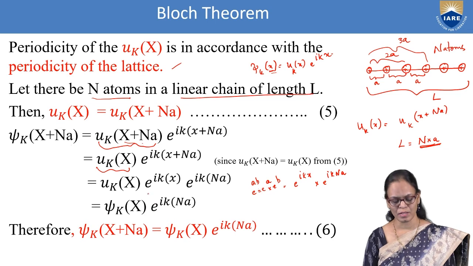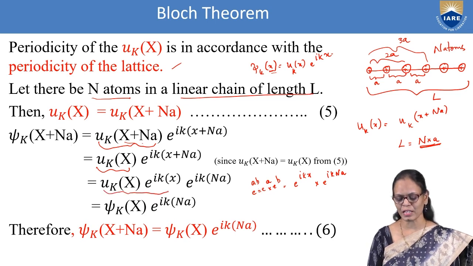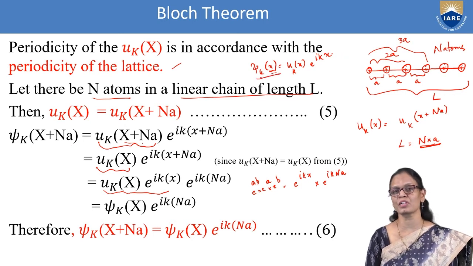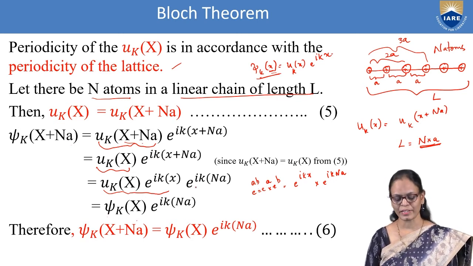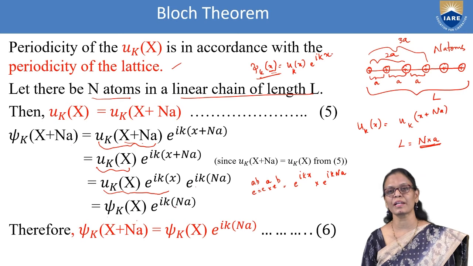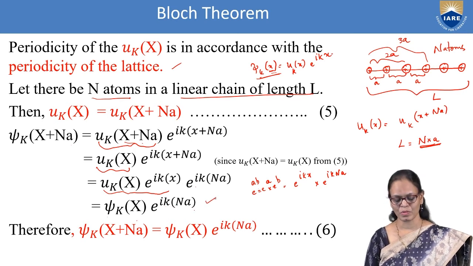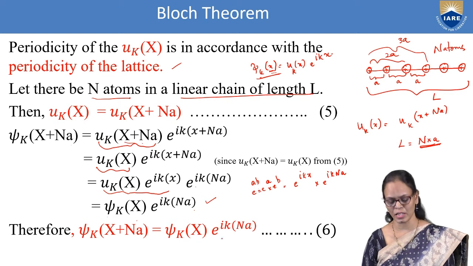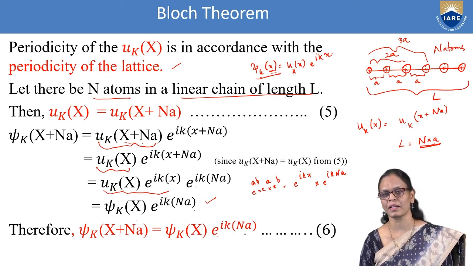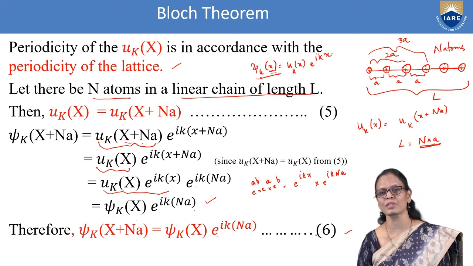Once you get this, what is u_k(x) e^(ikx)? It is nothing but psi_k(x), the function we have taken. So it represents the wave function at x, and then we are left with e^(ikNa). So psi_k(x + Na) is equal to psi_k(x) e^(ikNa). Let us take this as equation 6.